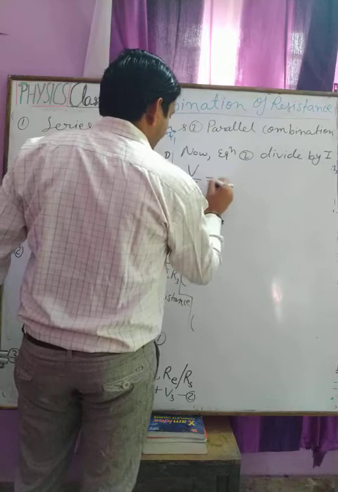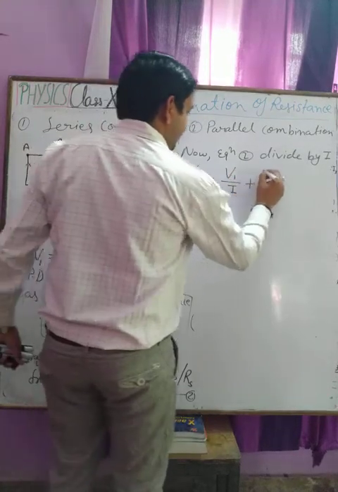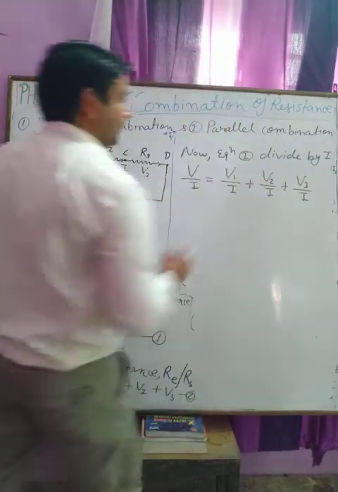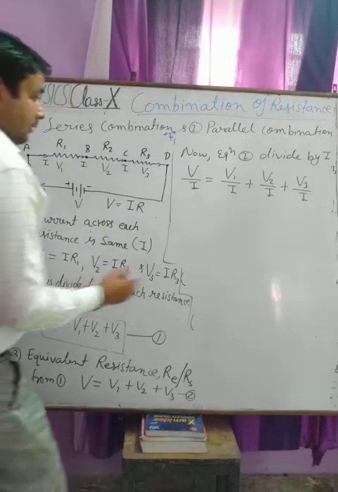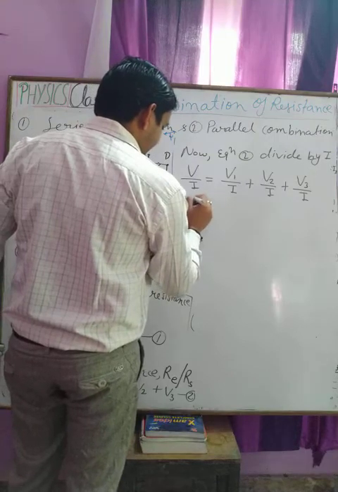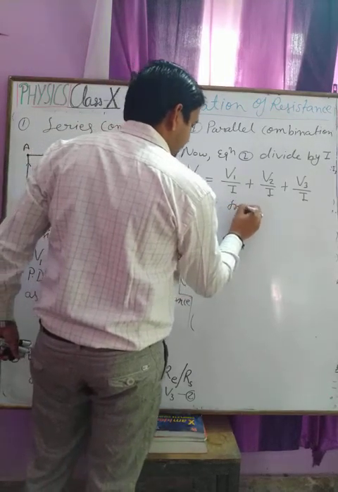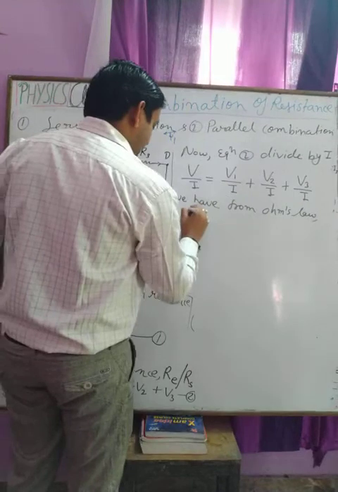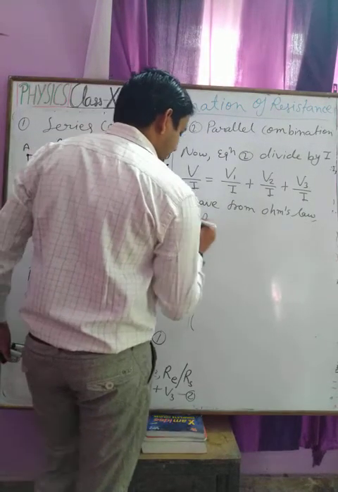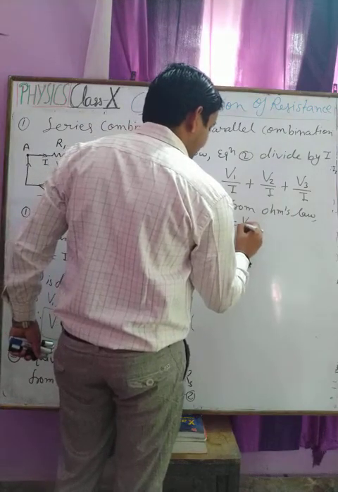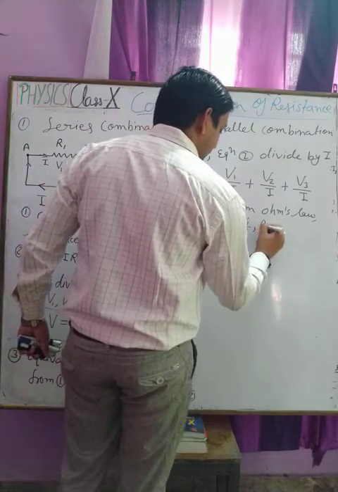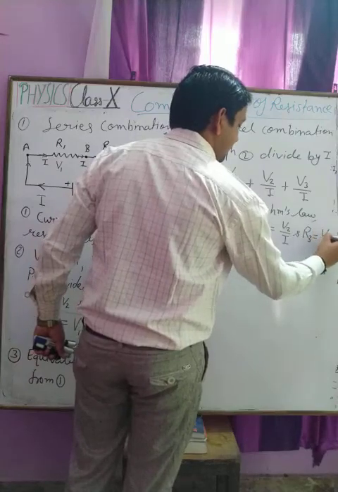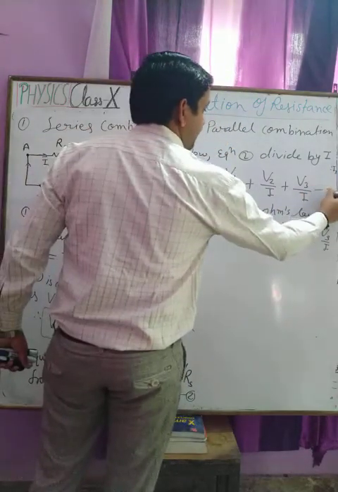V upon I, V1 upon I, V2 upon I and V3 upon I. Okay, and we have from Ohm's law V upon I is equal to R. Therefore, R1 is equal to V1 upon I. R2 is equal to V2 upon I. And R3 is equal to V3 upon I. This is your equation third.